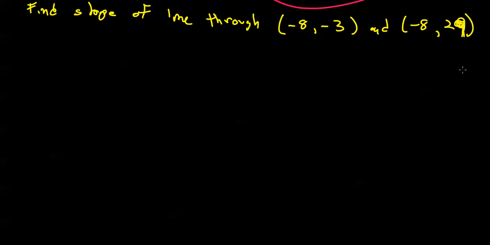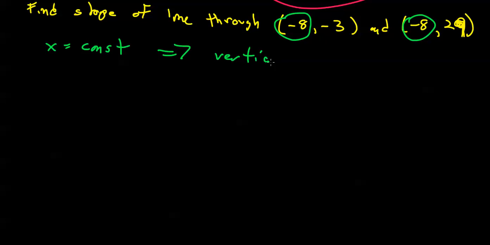Well, that should tell you something. You notice anything about these 2 points in particular? The x-coordinates are the same. And when x-coordinates are the same between 2 points, that means x equals constant. X is not changing. And when x equals constant, you've got a vertical line. And vertical lines have no defined slope. The slope is undefined. It's infinite.